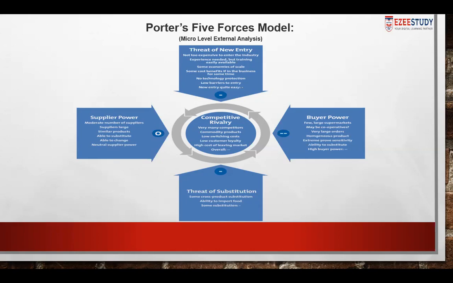Then threat of substitution. You also have to analyze whether your product is such that it may be easily substituted. I will just quickly give you an example of Pepsi and Coke.